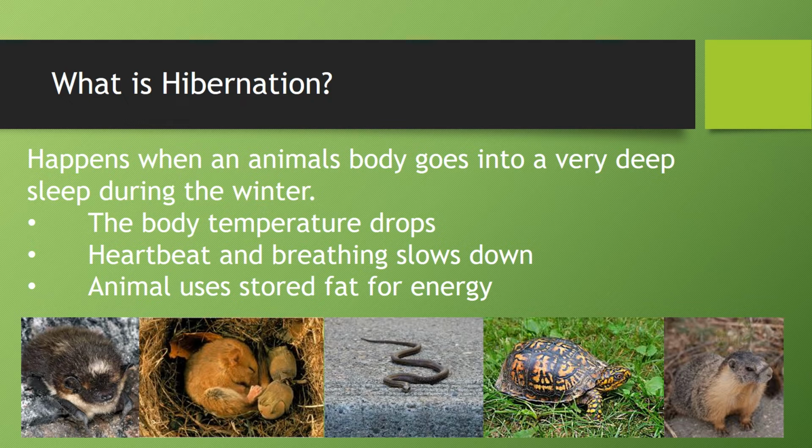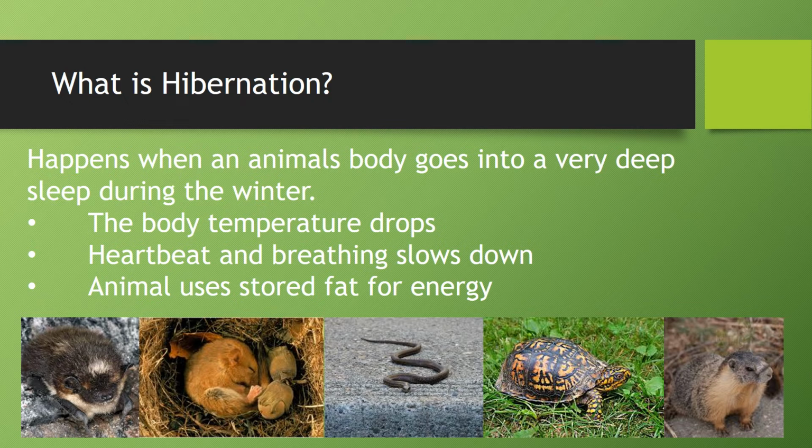So the next slide is, what is hibernation? Hibernation is the opposite of migration. If you do not have the ability to migrate, you end up having the ability to hibernate.